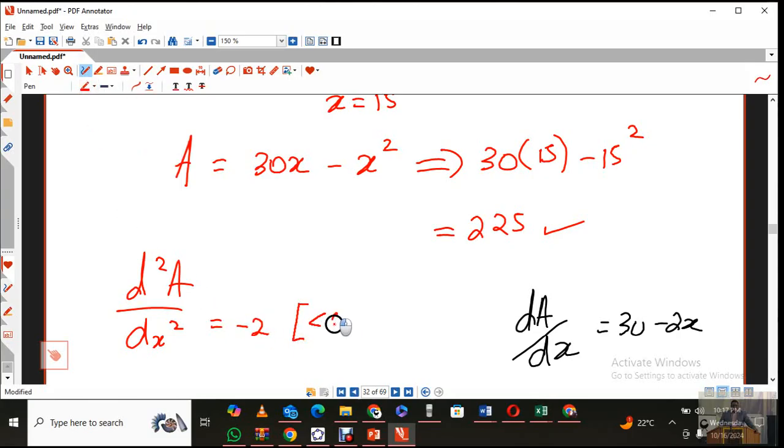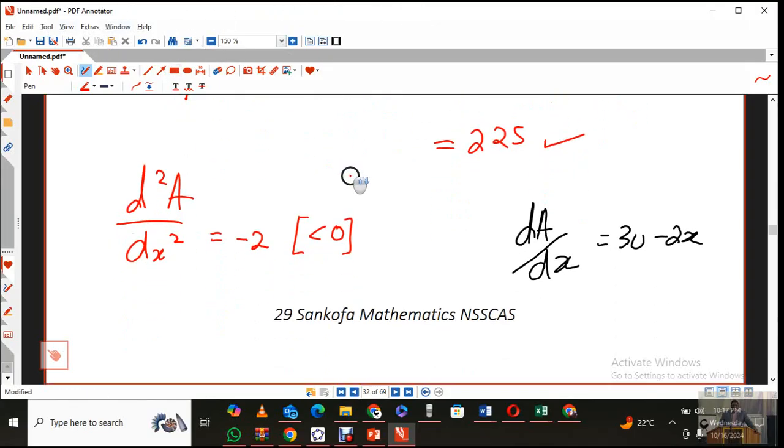And you can see this is less than 0. If it's less than 0, it's a maximum value. The second derivative is negative 2, therefore we are looking at a maximum value.